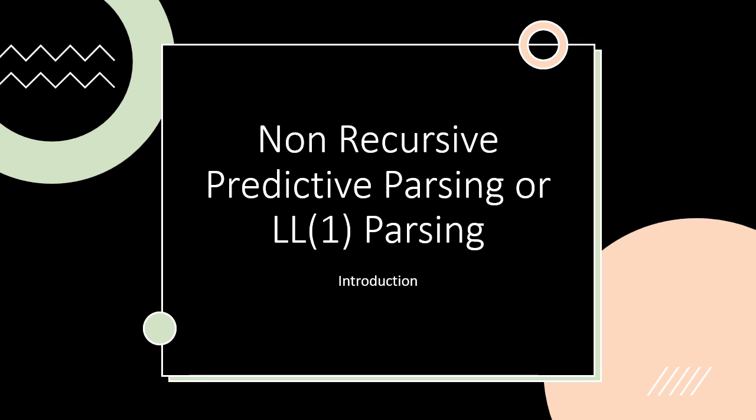But we have seen that recursive parsers are quite slow, so we would like to have a parsing technique which is easier or faster to implement. So under top-down parsing, we have our non-recursive predictive parsing. Let's see what it is all about.